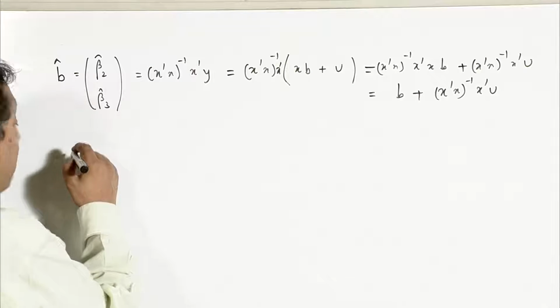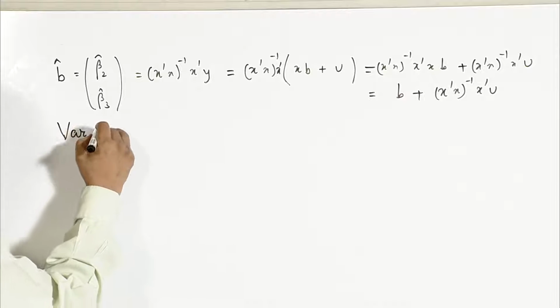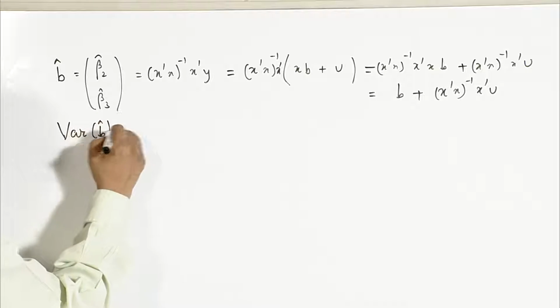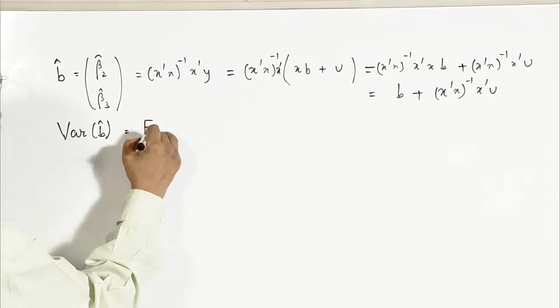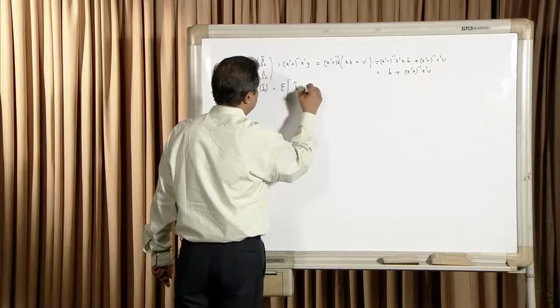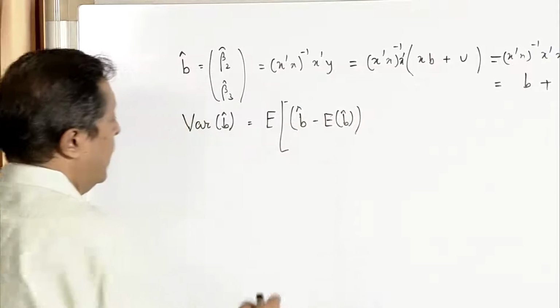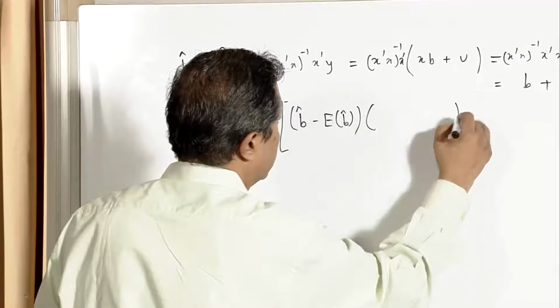Therefore, by definition, viewers, the variance of b hat is given as the expectation of b hat minus expectation b hat, times the transpose of this.